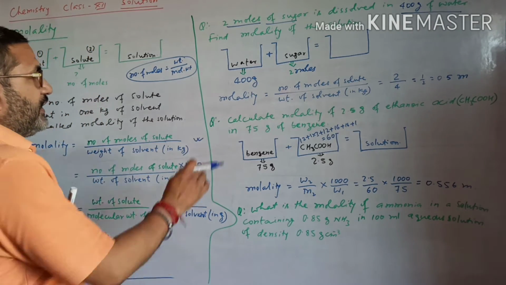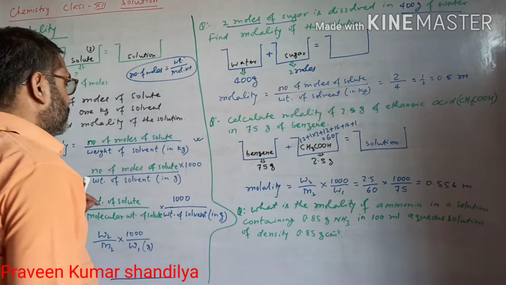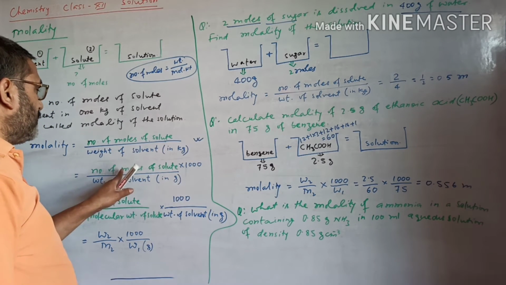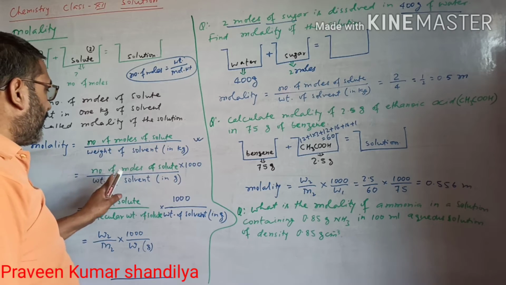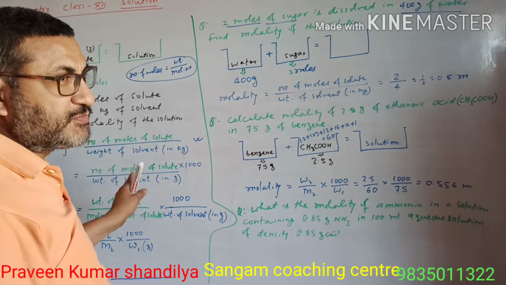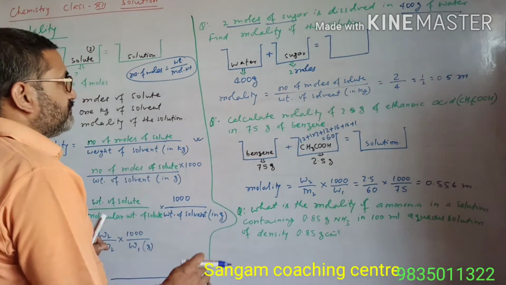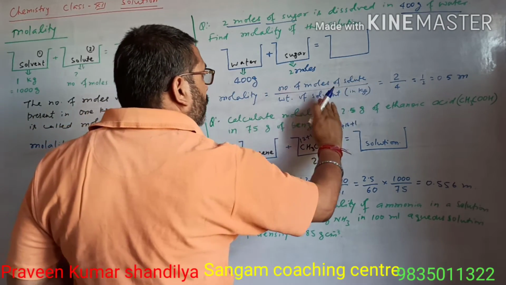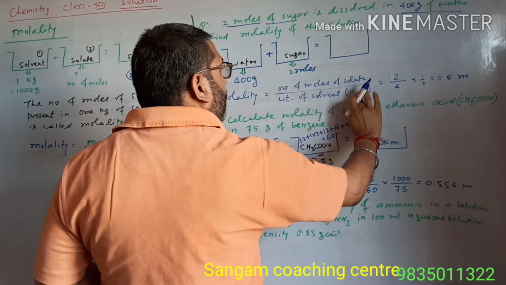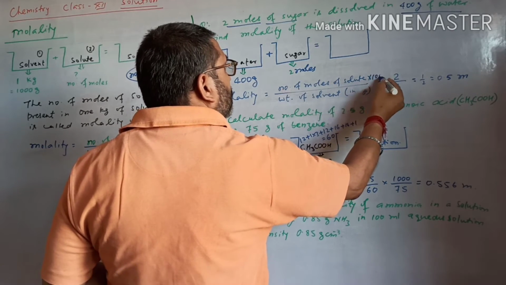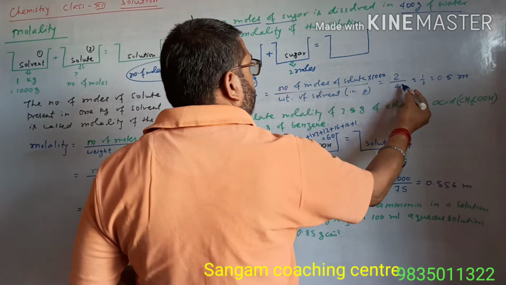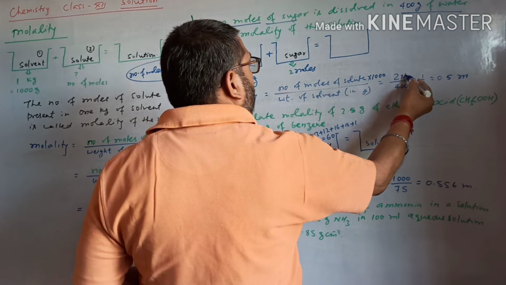Then what will be our new formula? In which formula is there gram and moles? This is the formula in which gram and moles, so this formula can be applied. Number of moles of solute by weight of solvent in gram into 1000. Number of moles is 2 and it is 400 into 1000.